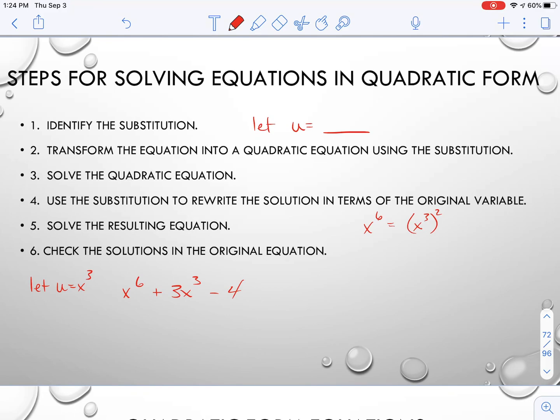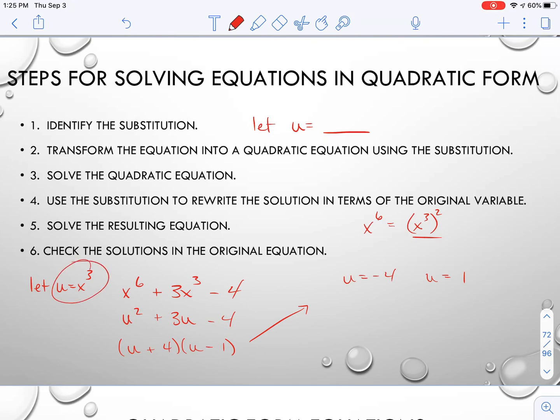Based on that substitution, I'm going to have u squared plus 3u minus 4, and now I have something that is in quadratic form. When I factor this, I'm going to have u plus 4 times u minus 1, or I'm going to get solutions of u equals negative 4 and u equals positive 1.